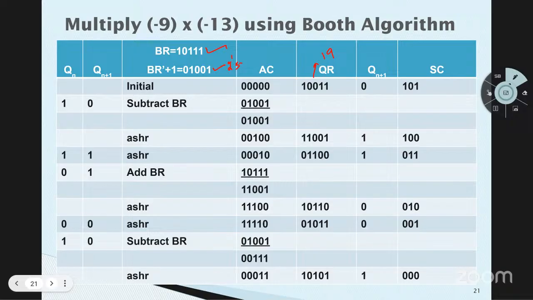This is -13. What is -13? Take 9 in 5 bits format. 0 1 0 0 1, for -9 it is 1 0 1 1 0. Then you can add plus 1, 1 0 1 1 1.